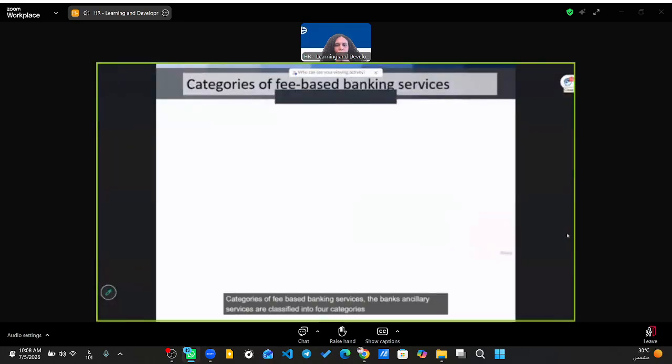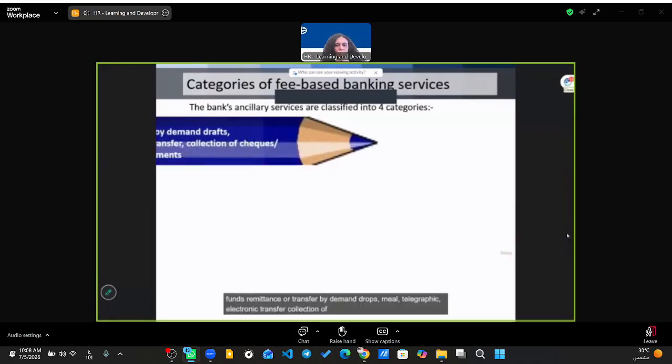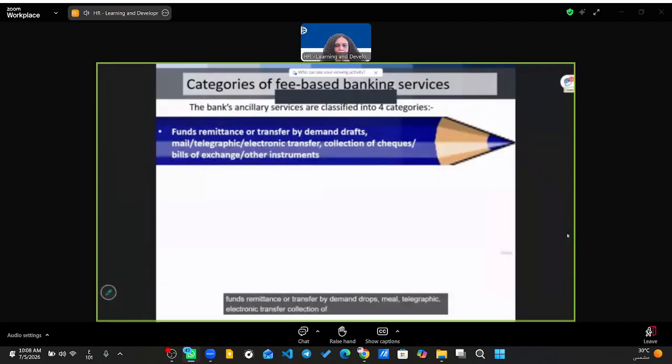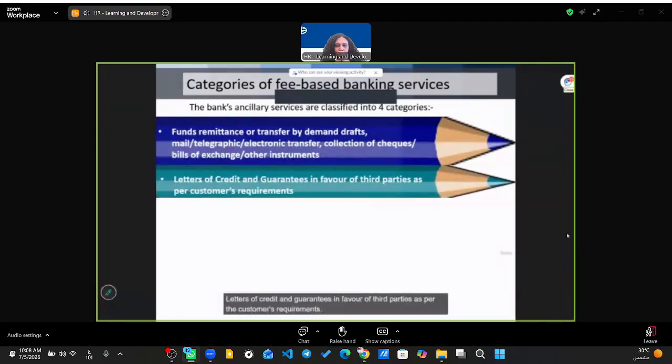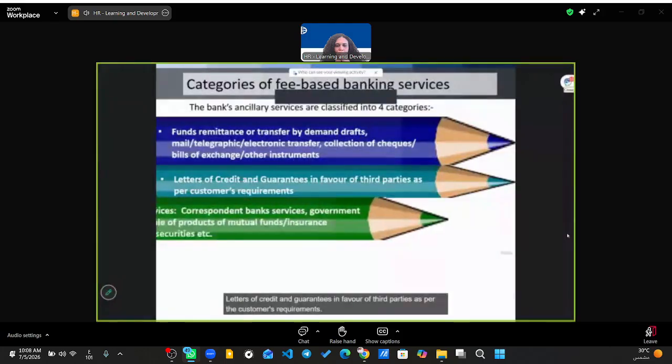Categories of fee-based banking services. The bank's ancillary services are classified into 4 categories. Funds remittance or transfer by demand drafts, mail, telegraphic, electronic transfer, collection of checks or bills of exchange, other instruments. Letters of credit and guarantees in favor of third parties as per the customer's requirements.